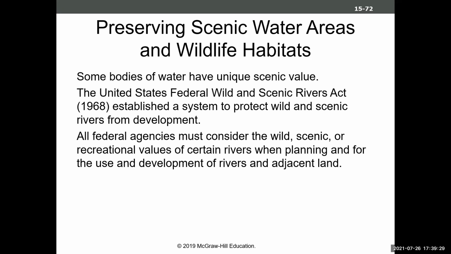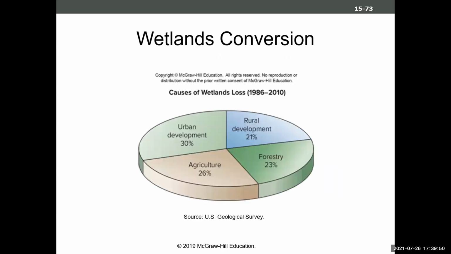All federal agencies have to consider the wild, scenic, or recreational values for rivers whenever they look at how they are going to develop land that is adjacent to that river. So if it is a wild and scenic river, there are implications for the developmental process that they have to take into consideration in that area.